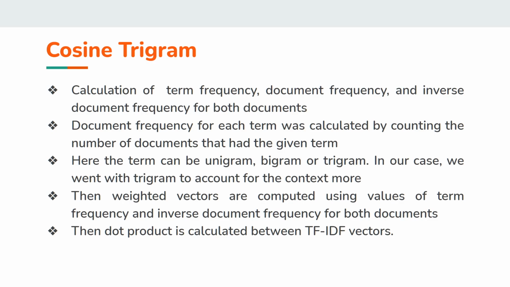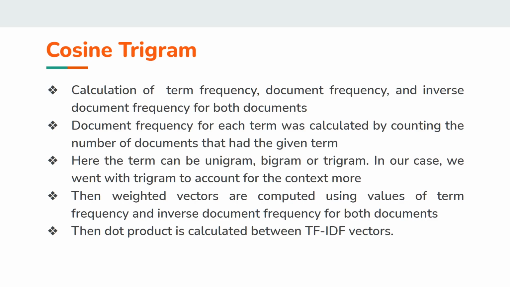We make the following calculations such as term frequency, document frequency, inverse document frequency for both the documents. Document frequency for each word is calculated by counting the number of documents that had the given term, and term frequency is counted by how many times a particular term is present in one document. And here the word can be unigram, bigram, or trigram.